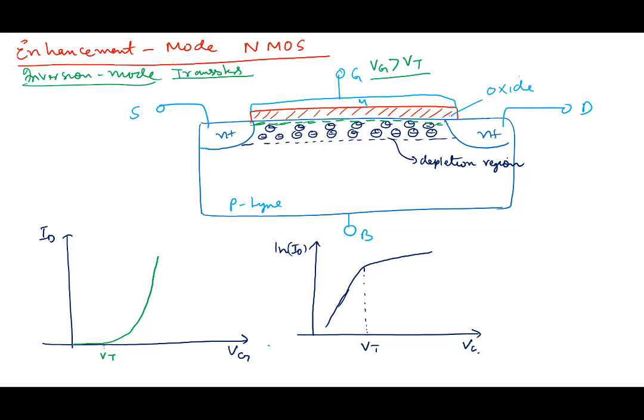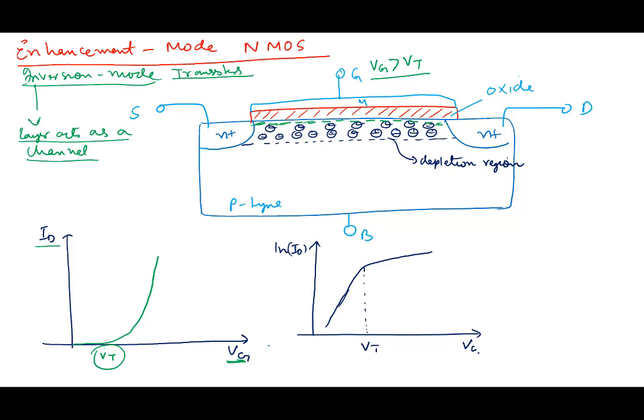The inversion layer acts as a channel. That's why we call this the inversion mode MOSFET also. Alright, so that's as far as the basic operation of this particular device is concerned. So note the ID versus VG plot and the concept of VT.